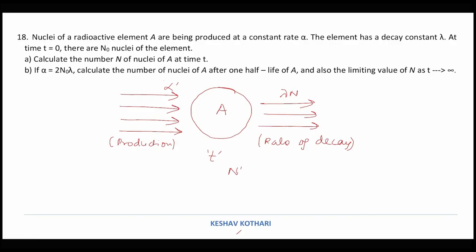So at a time t we can say that the rate of formation of nuclei A, that is dn by dt, can be written as alpha minus lambda n, that is, rate of production minus rate of decay. So from here we can solve this equation.